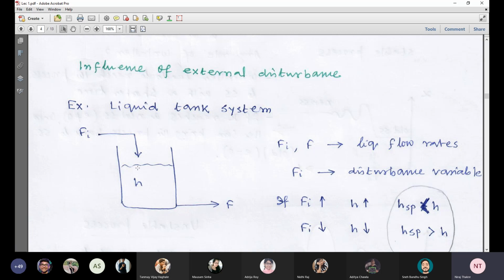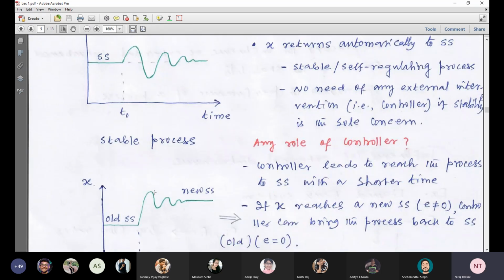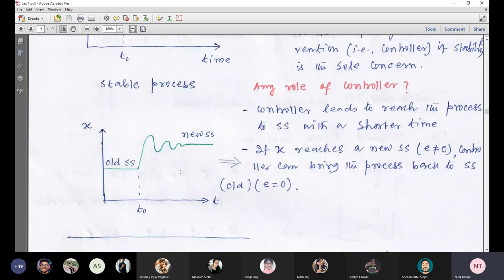But you know, we want to maintain a particular HSP set point. We do not want to continue with the new steady state. So if we want to come back to the original steady state from this new steady state, we need a controller. In other words, the controller does not permit achieving a new steady state.